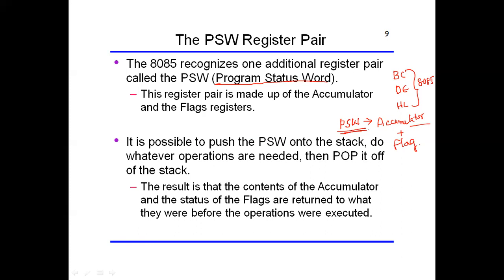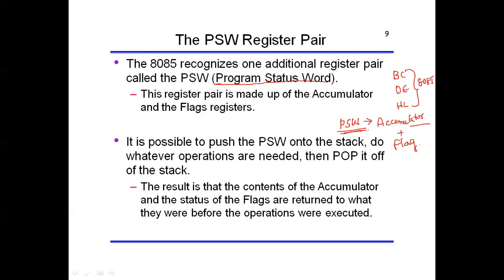We can do whatever operations are needed, and then we can pop it off from the stack. So the result is that the contents of the accumulator and the status of the flags are returned to what they were before the operation that was executed. That is the main idea of this program status word.